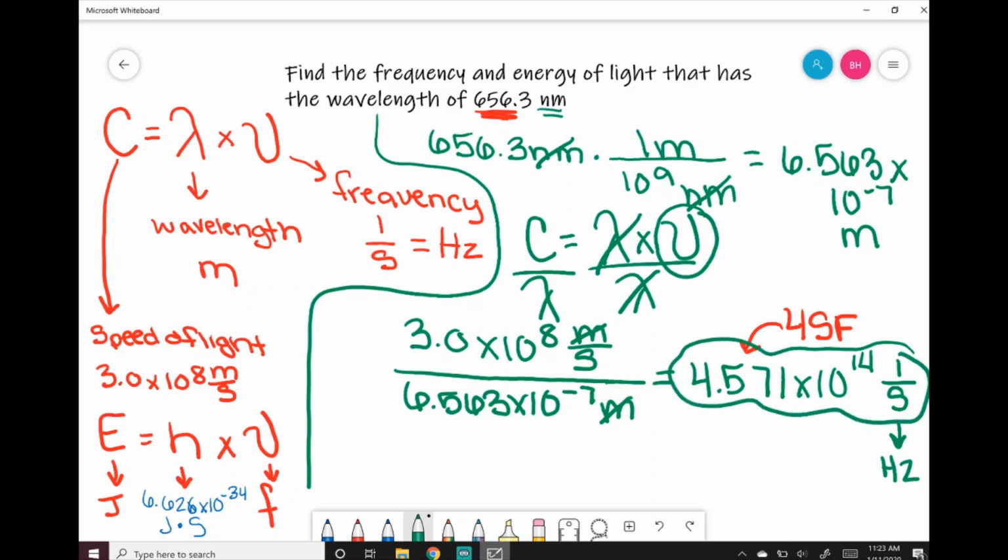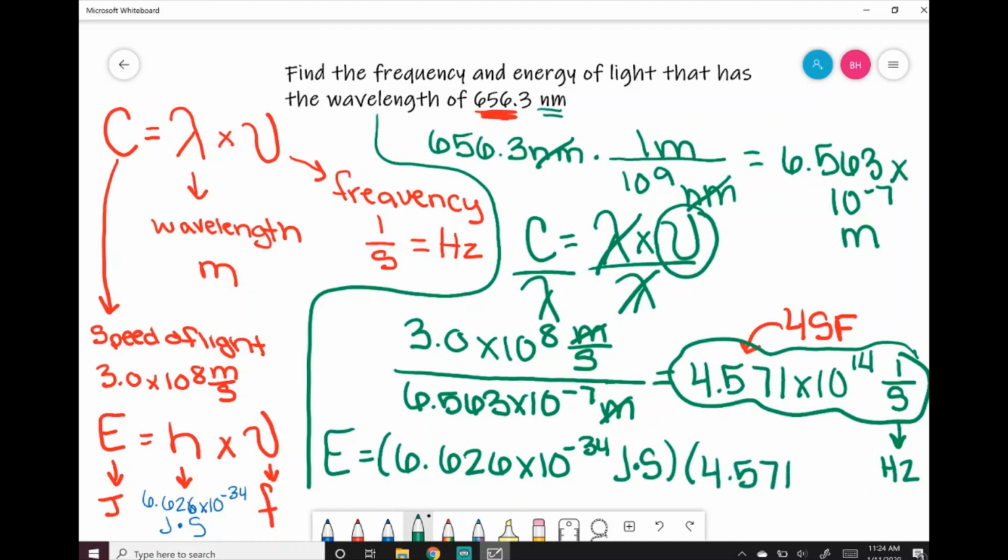Now, based off of this, we can solve for our energy using the equation that we have off to the side. Plugging things in, energy is going to be equal to h, which is a constant, so that will never change, 6.626 times 10 to the negative 34th joules times a second, times our frequency, 4.571 times 10 to the 14th, 1 over a second.